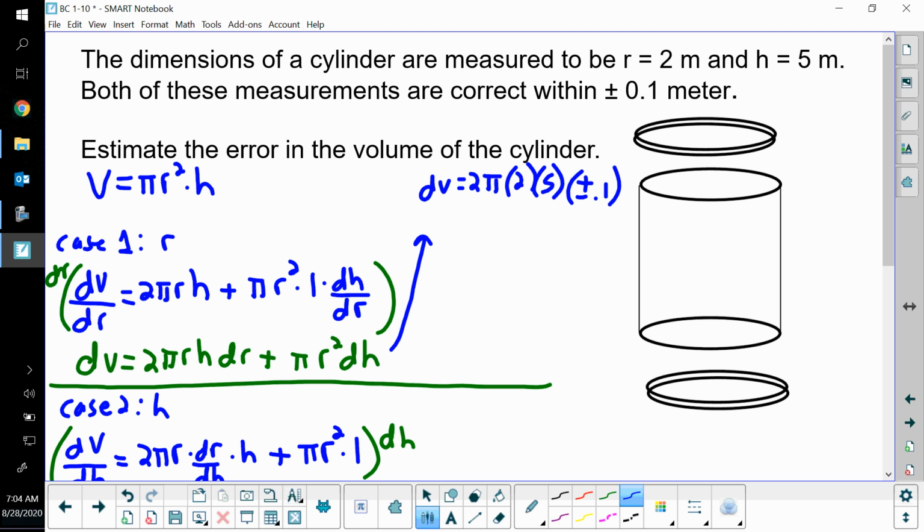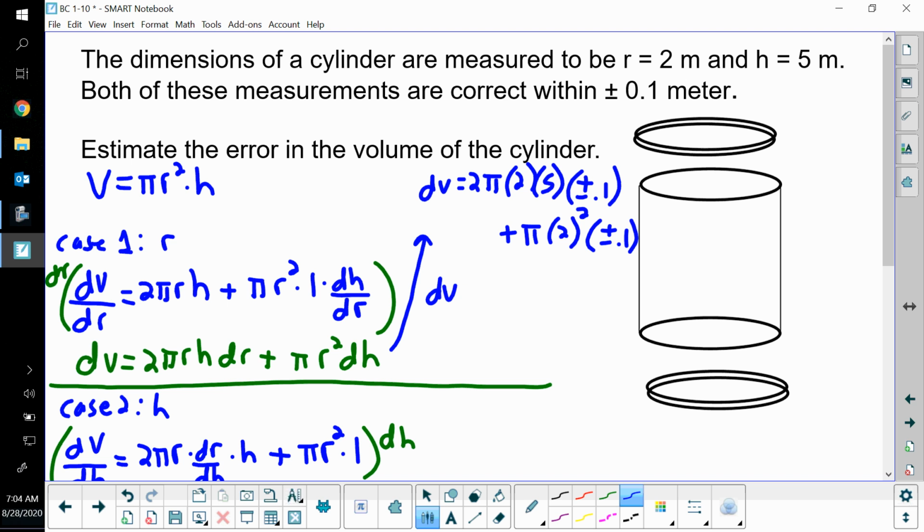So for the second part, I'm out of room there, so I'm just going to carry it down here. So plus, we'll have pi times that measured radius squared, times our dh, which was also plus or minus 0.1.